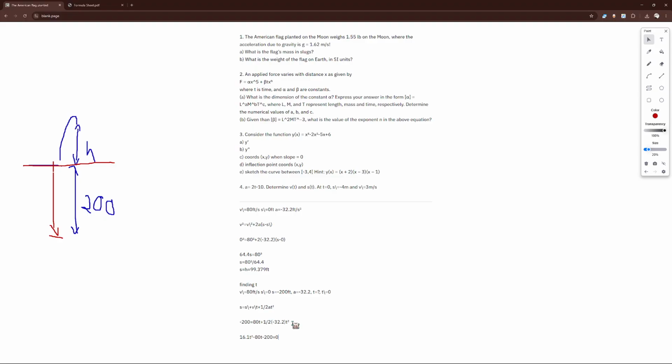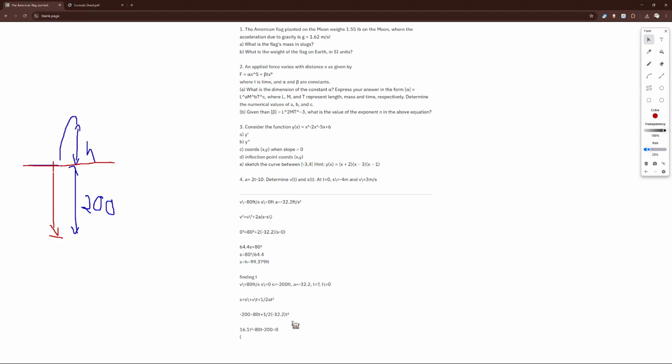This is a quadratic, and calculators should have quadratic solvers. I'm just going to use mine, the polysolve. A is 16.1, B is negative 80, C is negative 200.